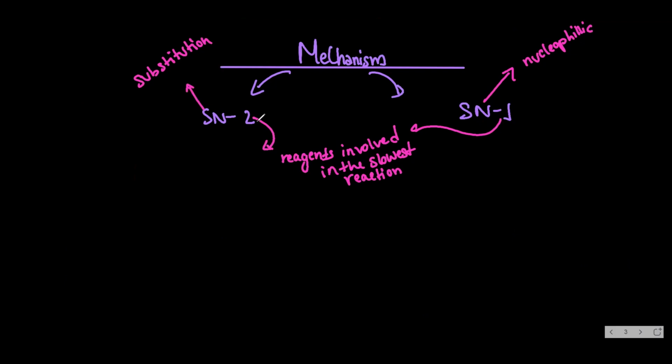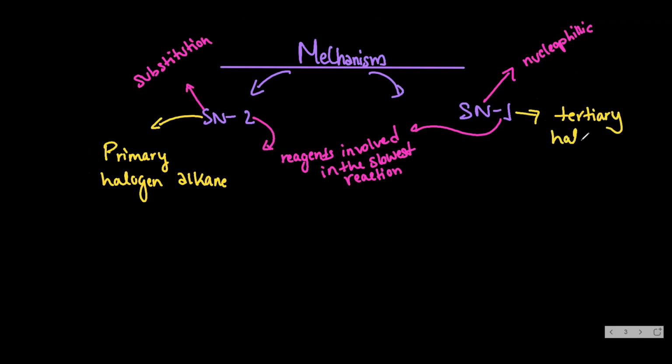Now, who does SN2 and who does SN1? SN2 is usually done by your tertiary, sorry, my bad, primary halogen alkane. And SN1 is usually done by your tertiary halogen alkane.